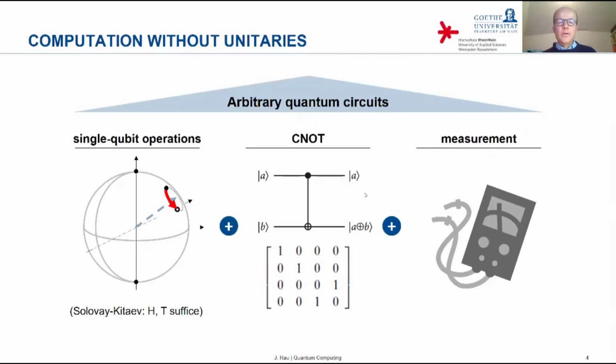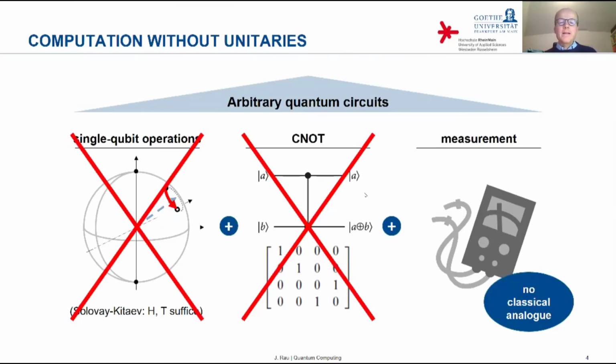What I would like to show you today is that, at least in principle, you can even do without the unitary operations and perform a computation with measurements only.